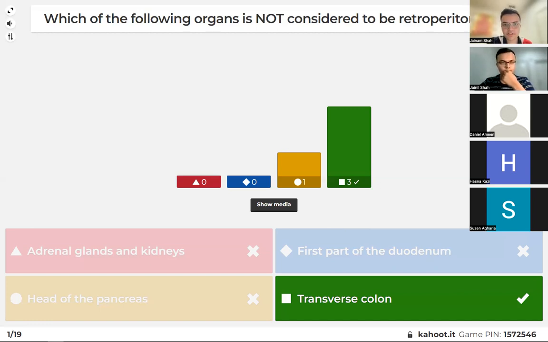I think I've got a question, which is why do we consider liver intraperitoneal even though it has a bare area? That's a really, really good question. There's a couple of layers to that. I know I said ignore embryology, but the definitions themselves stem from embryology. So the liver is an intraperitoneal organ by definition because it would have originated within the space of the abdomen and been covered on both sides.